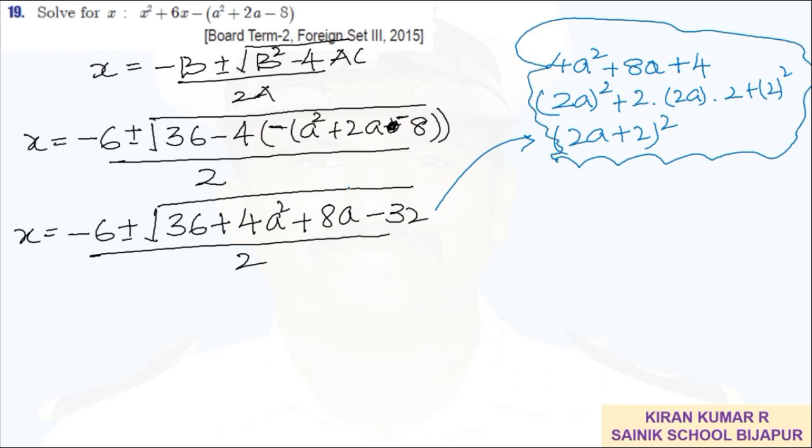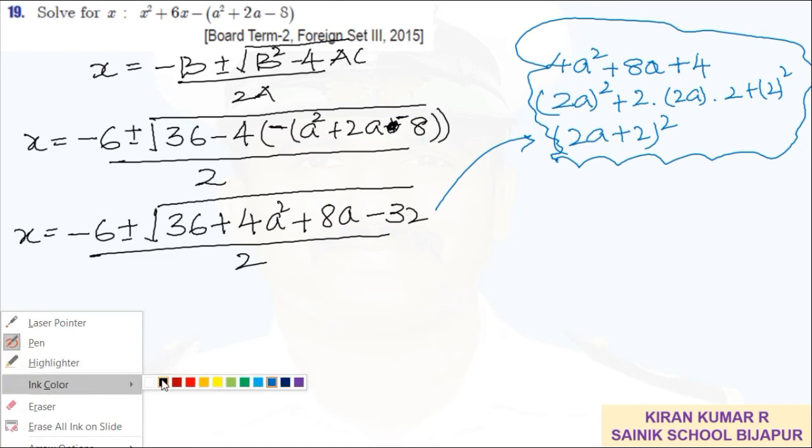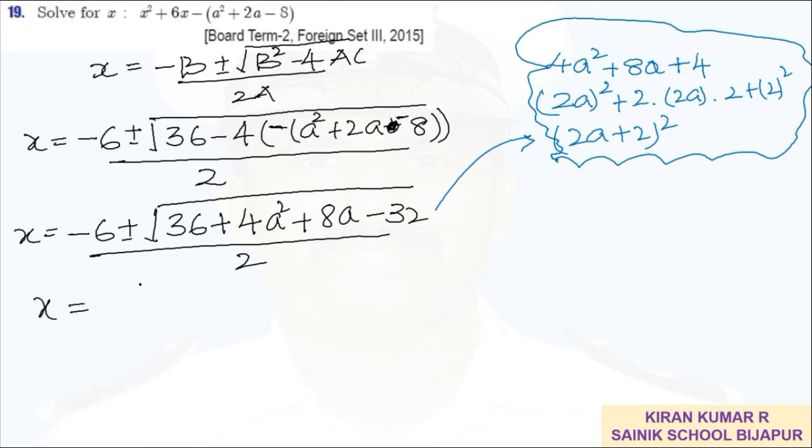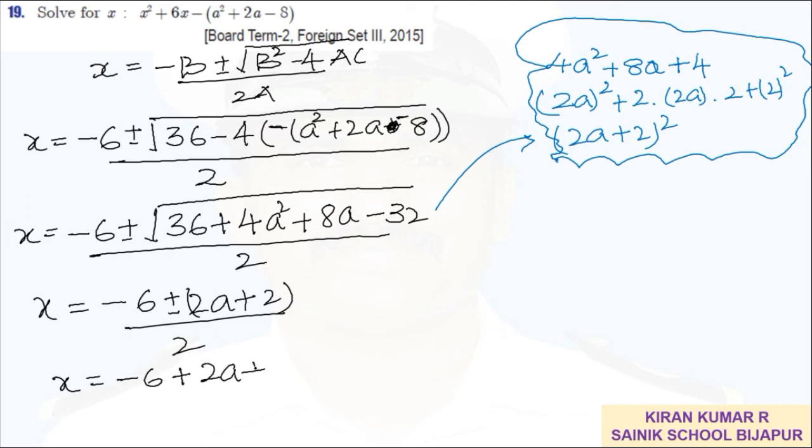So which is there under root. Therefore, I can write x as minus 6 plus or minus (2a plus 2) divided by 2, because the square and the square root have got cancelled. So x value will be negative 6 plus 2a plus 2 divided by 2, or negative 6 minus 2a minus 2 divided by 2.